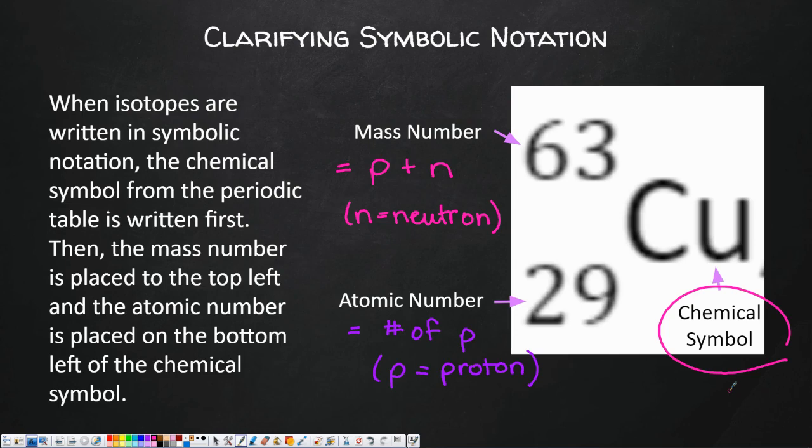Where can I find the atomic number for an element with confidence? Where can I find an element's atomic number? The periodic table. Will I find a mass number on the periodic table? No. Okay, so using that information, let's try example number 13.